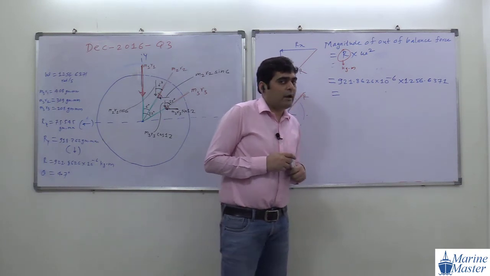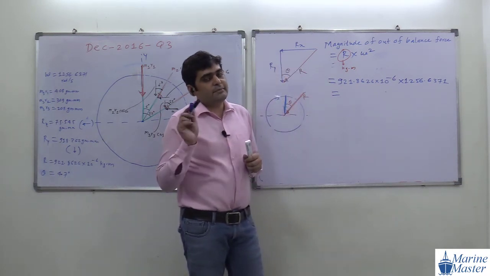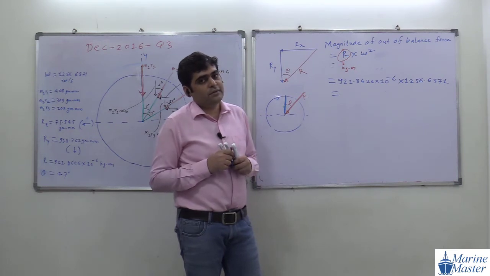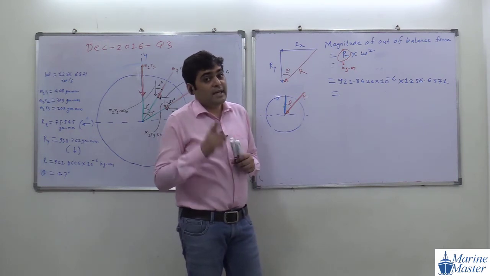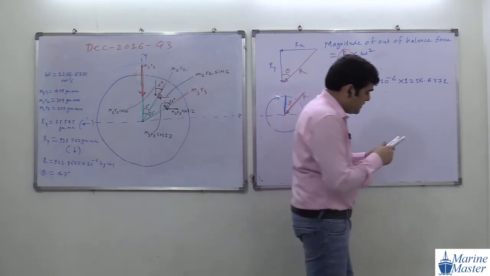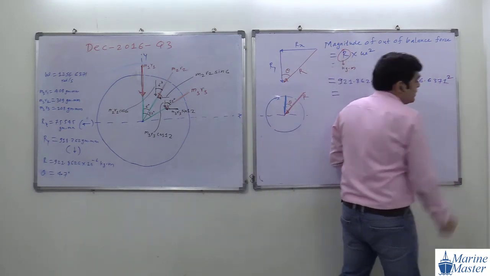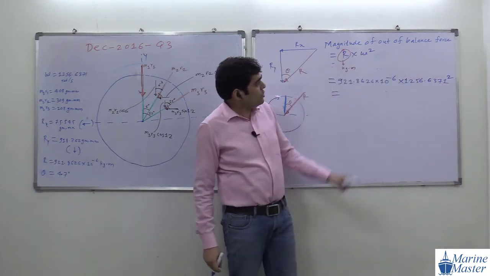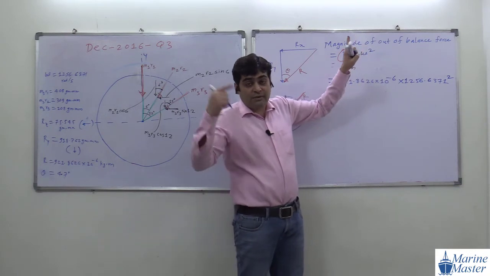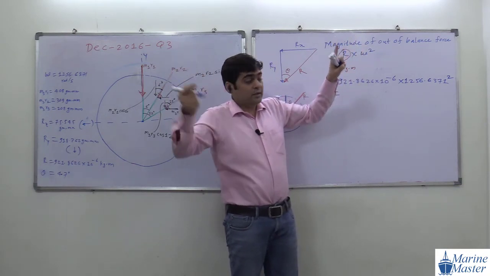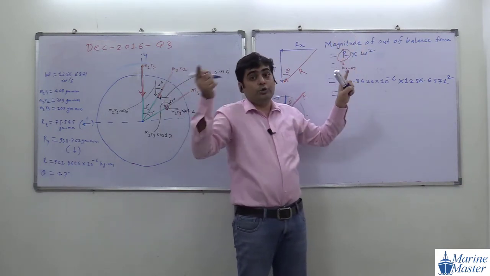Is there any mistake I have made on the screen? Yes, I have missed the square. So please always be attentive. Sometimes we make mistakes like this. Don't forget the square. Here we are considering omega square. Then and only then will this kg meter convert into Newton.